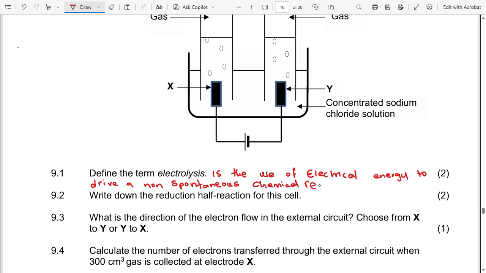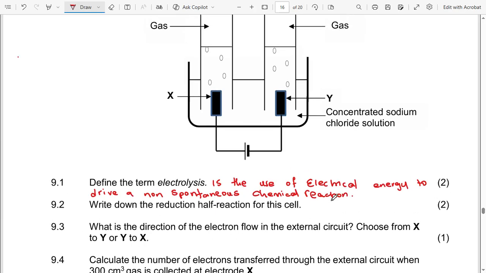Okay, so let's quickly go and work on 9.2. Write down the reduction half-cell for this cell.